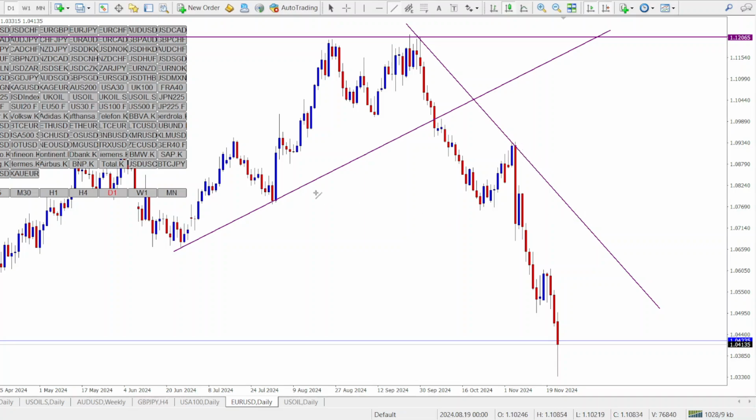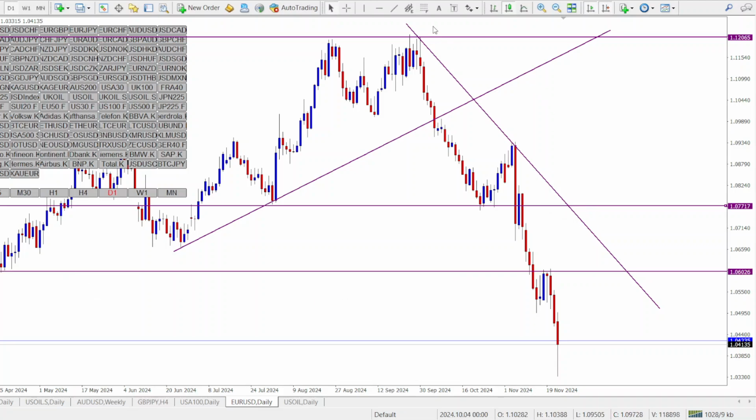All right. So it's very important, and I usually emphasize the need for support and resistance levels, irrespective of the strategy you are using. Support and resistance levels can really be beneficial, because they give you a heads up as to potential reversal points.